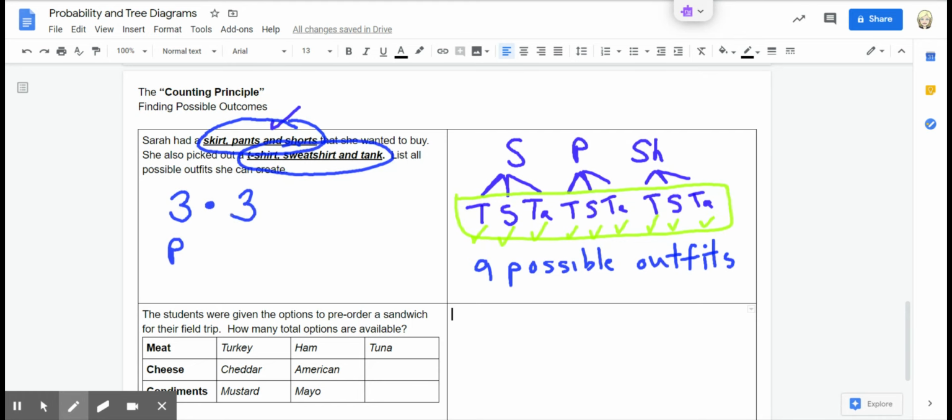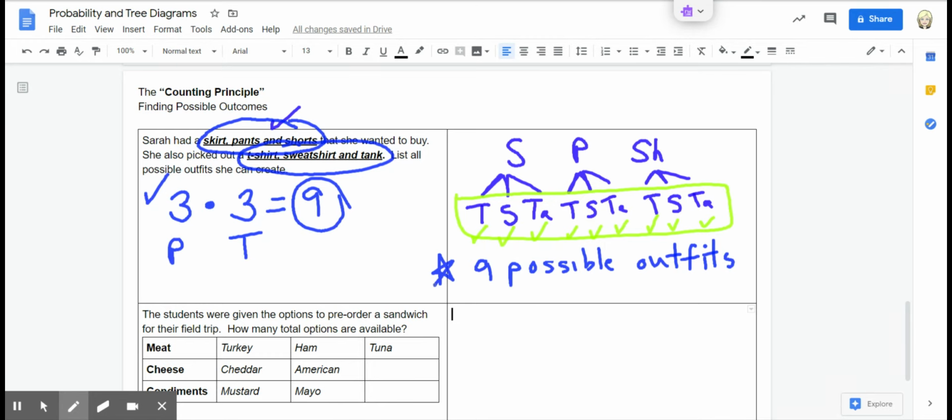So whatever you have on each event, you multiply them, and you get 9. So that's the easiest way to do it. So if they just ask you how many possible outcomes can you have, you can use what is called the counting principle. You just take the amount of bottoms that you had, and then you multiply it by the amount of tops, and you get 9. And this is represented right here through a tree diagram.